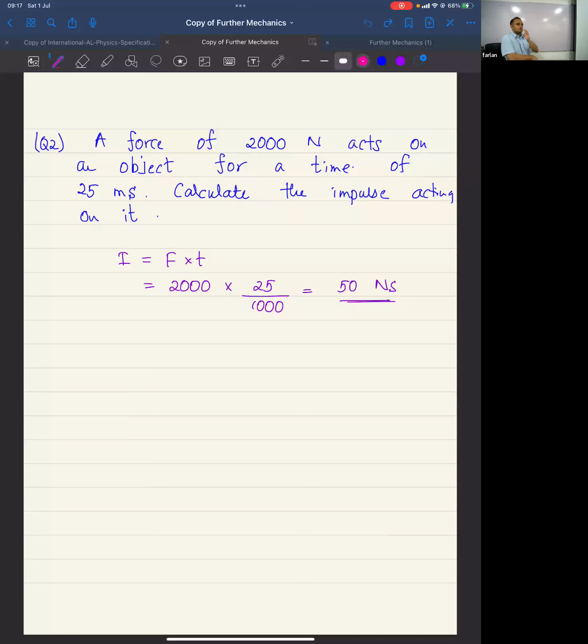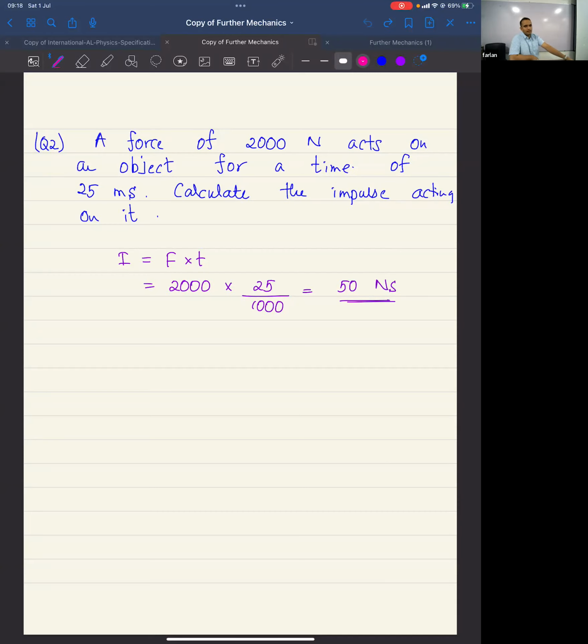When there is no resultant force acting on an object, the object will be either at rest or moving at constant velocity. That is the simplest form of Newton's first law I can give you.